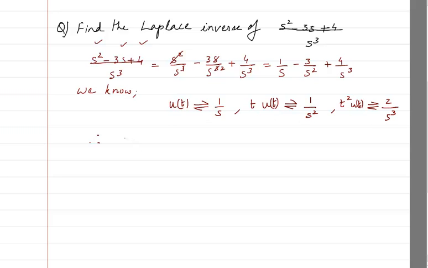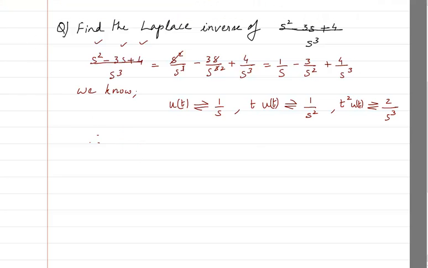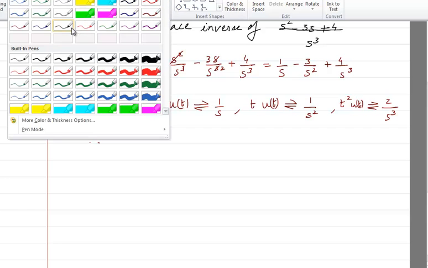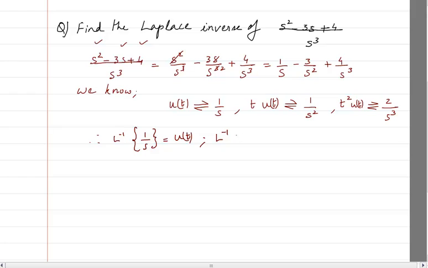Therefore, Laplace inverse of 1 by s is going to be u of t. Laplace inverse of 3 times 1 by s square.